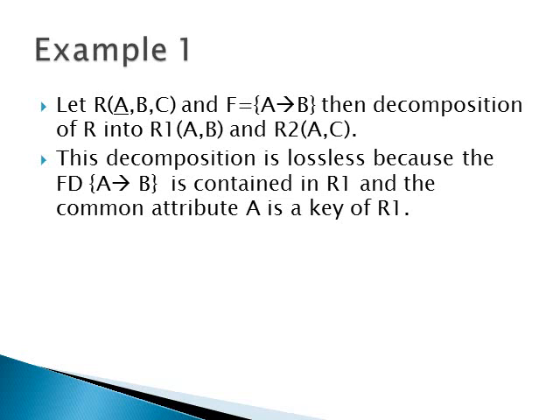Example 1. In this relation R, A, B, C are attributes of relation R and A is a prime attribute, and functional dependency A tends to B, B is functionally dependent on A. If we decompose this relation into two relations R1 and R2, this decomposition is lossless because by the definition of lossless, the attributes common to R1 and R2 must contain a key for either R1 or R2.